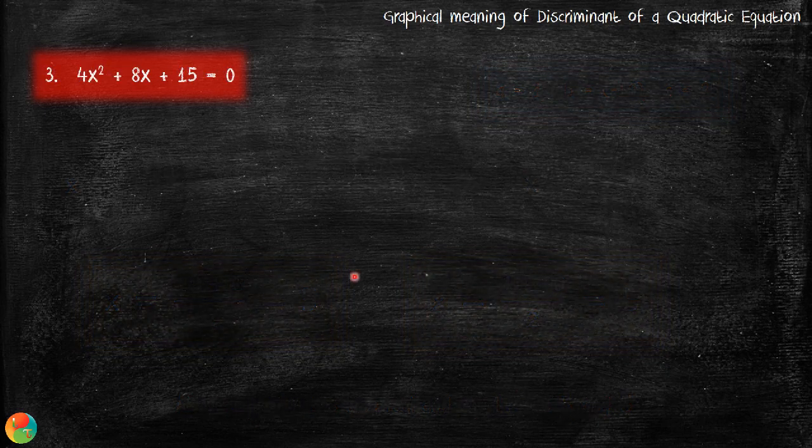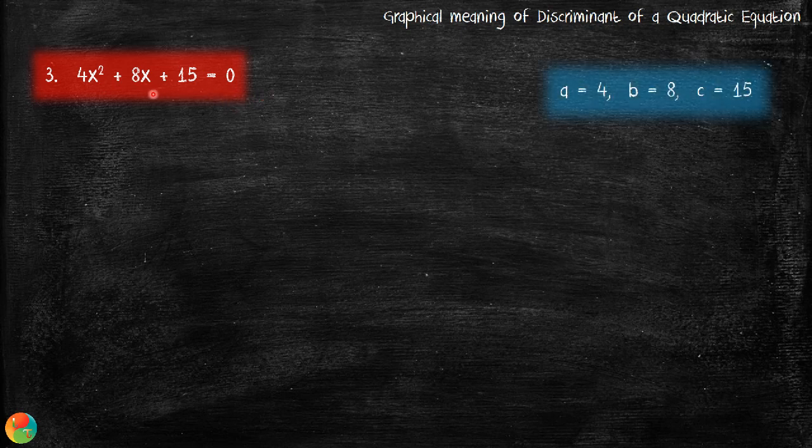A third example is 4x square plus 8x plus 15 is equal to 0. Again, upon inspection we can see that a, b and c are 4, 8 and 15 respectively. Let us first determine the nature of roots. Then after that, if the real root exists, then we can move ahead and find the roots using quadratic formula.